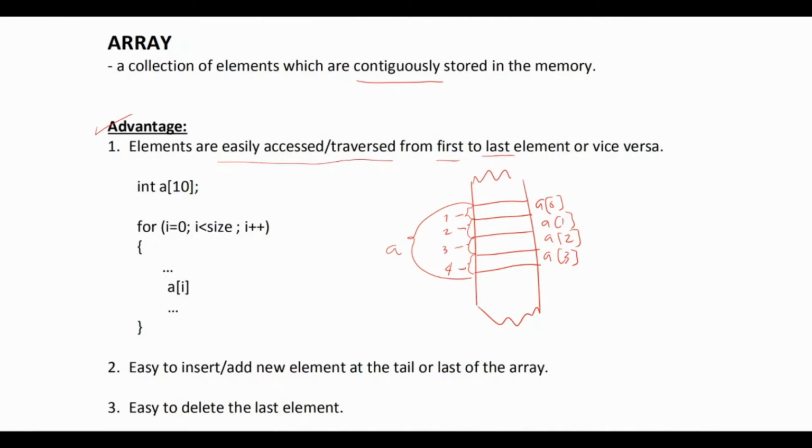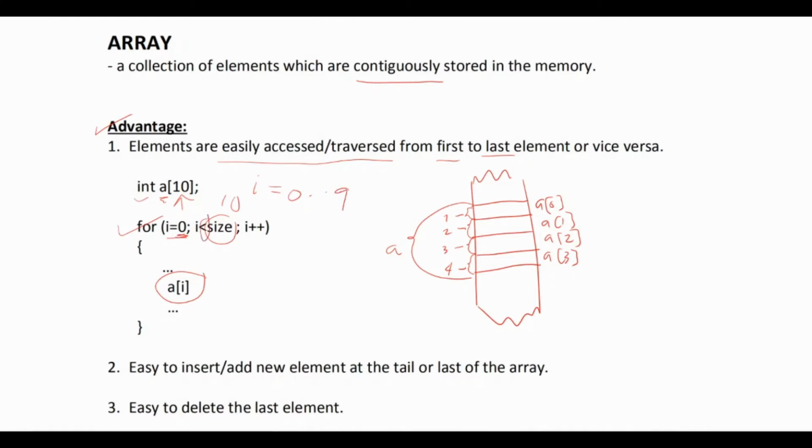Like for example, this C code, say we declare A as an array of 10 elements of type integer, and we can easily access each element by using a for loop. We could just use a loop variable I that is set initially to 0, and while I is less than the size, I would be from 0, the first iteration, up to 9.